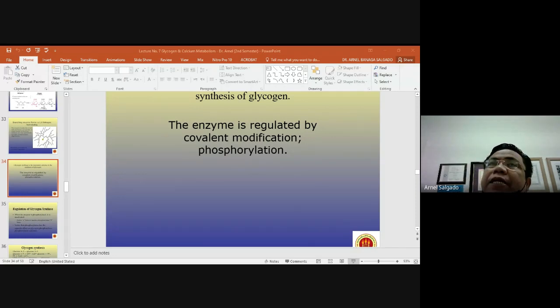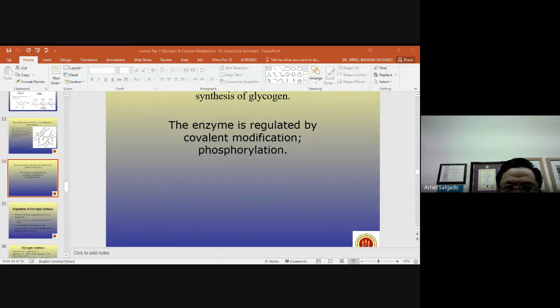That is, in the building up of glucose to come out with glycogen, we need a regulator, and that regulator is called glycogen synthase. The enzyme, on the other hand, is regulated by covalent modification and phosphorylation. You know the covalent bonding, isn't it? This is the binding of two elements together to form a substance.